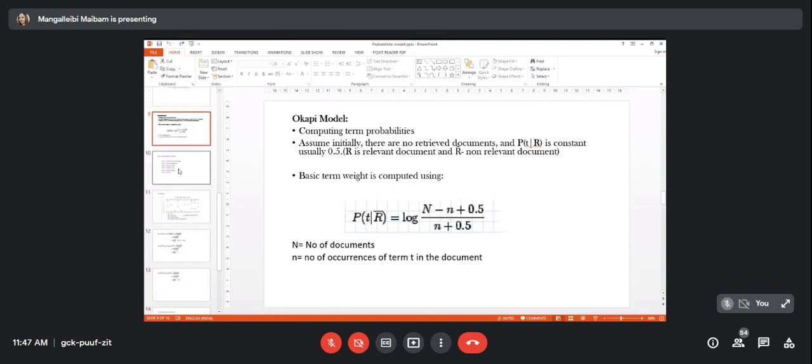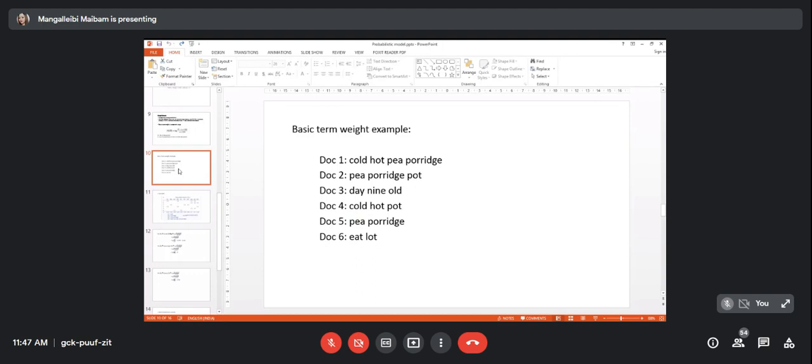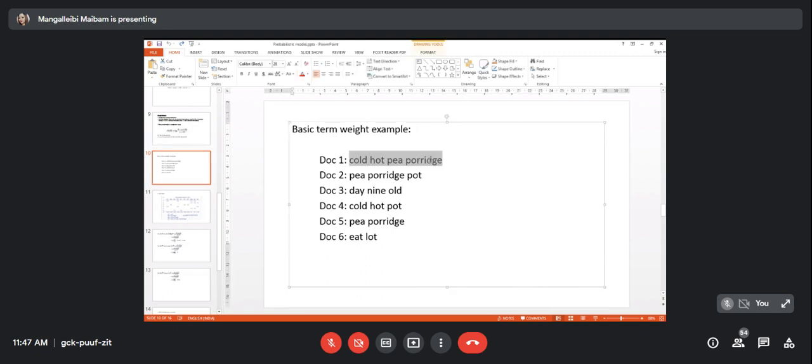So first let us see one example, the basic term weight model. For basic term weight, I have 6 documents along with some information. You already know these are called the terms. D1, D2, D3, D4, D5, D6 are called the documents or the document IDs.